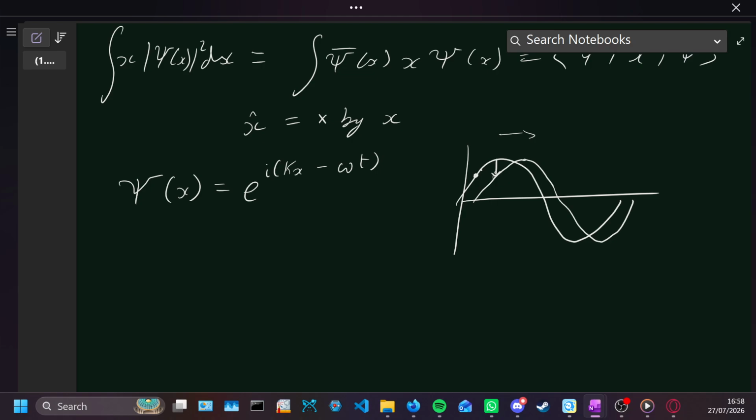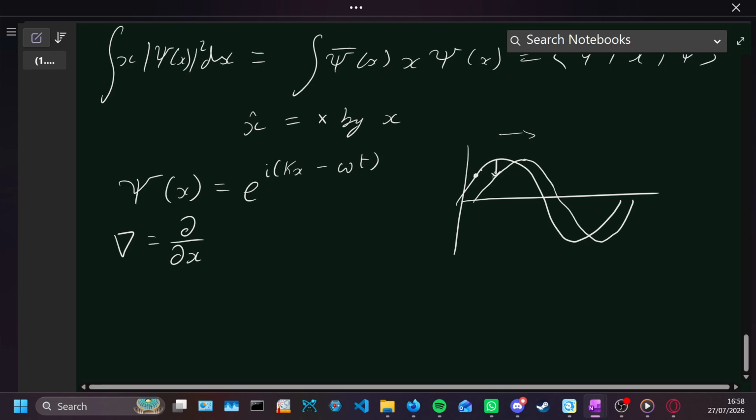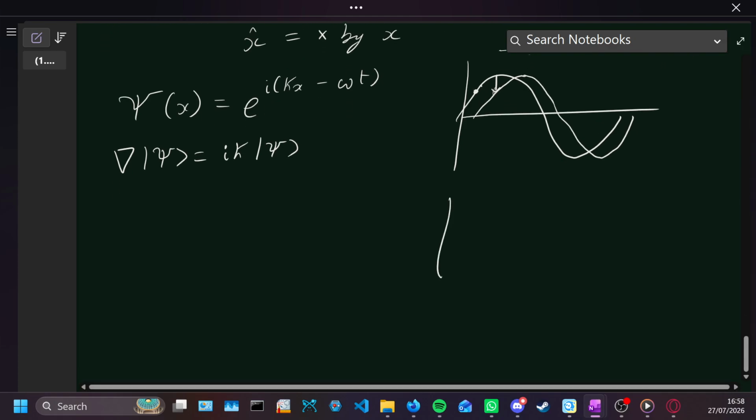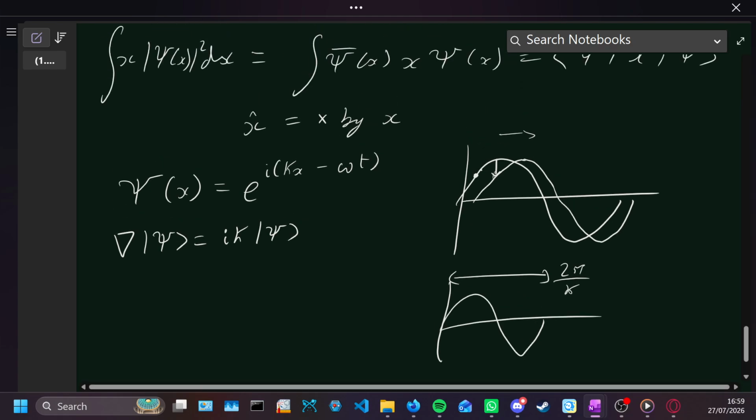And so anyways, if we consider the derivative of this in space, so I'm going to write nabla, which for one dimension is just going to be equal to the spatial derivative. So nabla of psi is going to be equal to i times k times psi. And anyways, this wave has a wavelength of 2 pi over k because e to the ix has a period of 2 pi, and so when we multiply by k, we're squashing it.